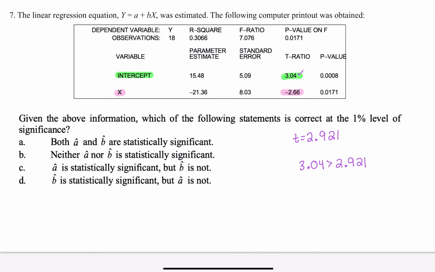However, our B hat is not significant because 2.66 is less than 2.921, even after we take our absolute value. So we get C. A hat is statistically significant, but B is not.